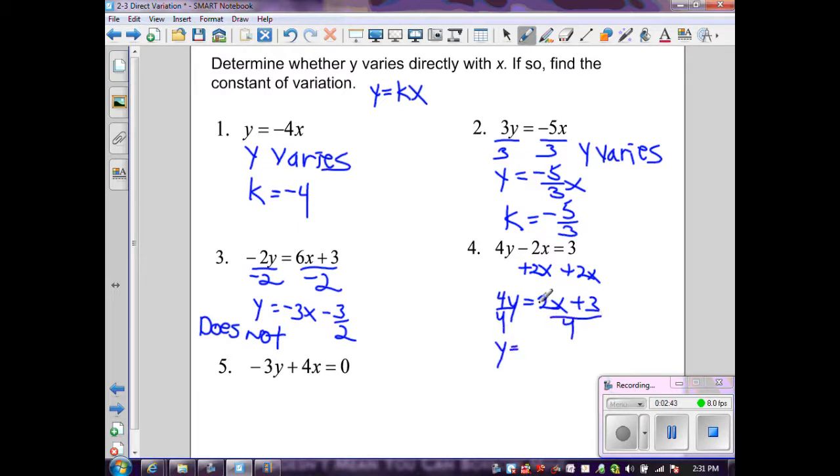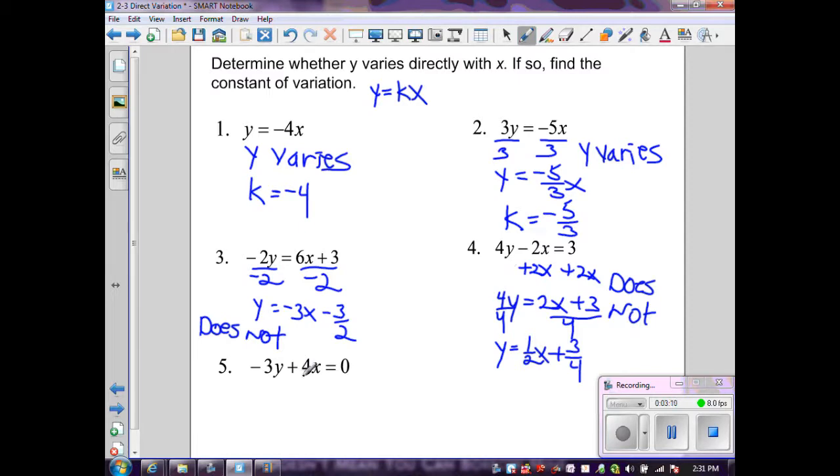Y is going to equal 2 divided by 4 is 1/2 x plus 3 divided by 4 is 3/4. Again, this looks like it's going to fit our variation formula, but it doesn't because I have a constant added to it. So therefore, this does not work. And I know that y does not vary directly with x in this problem.